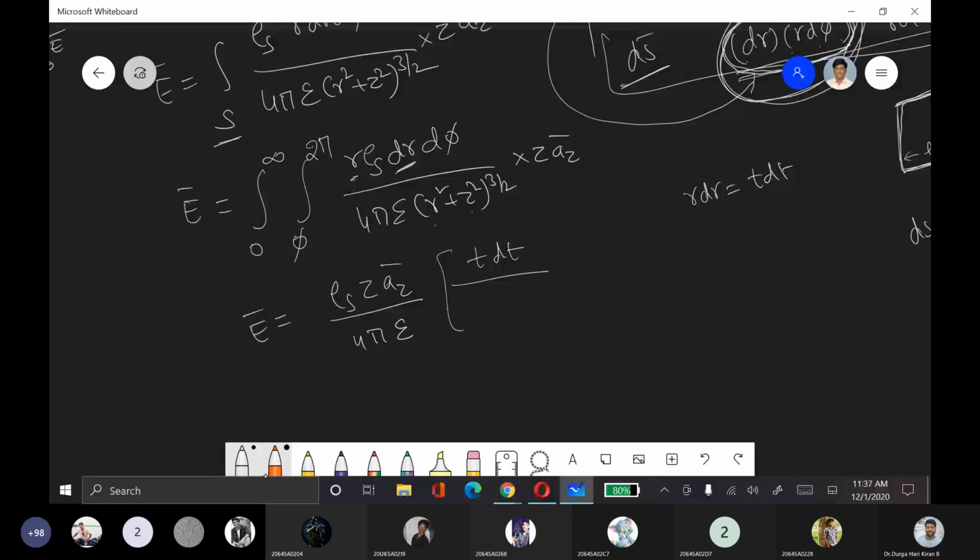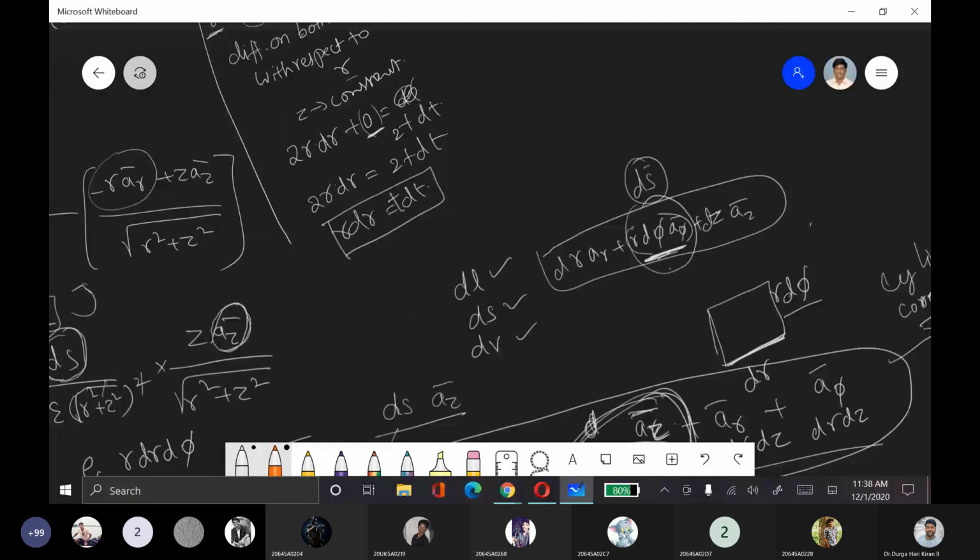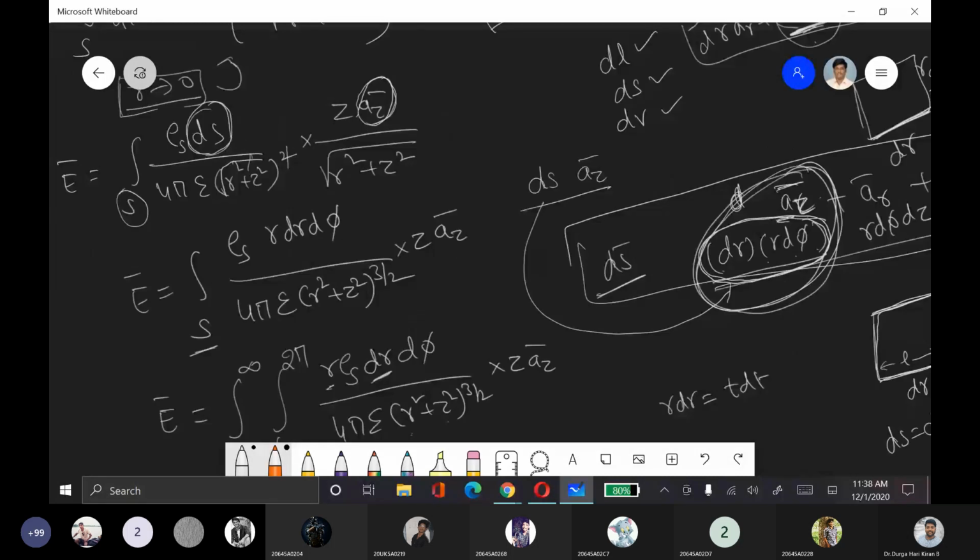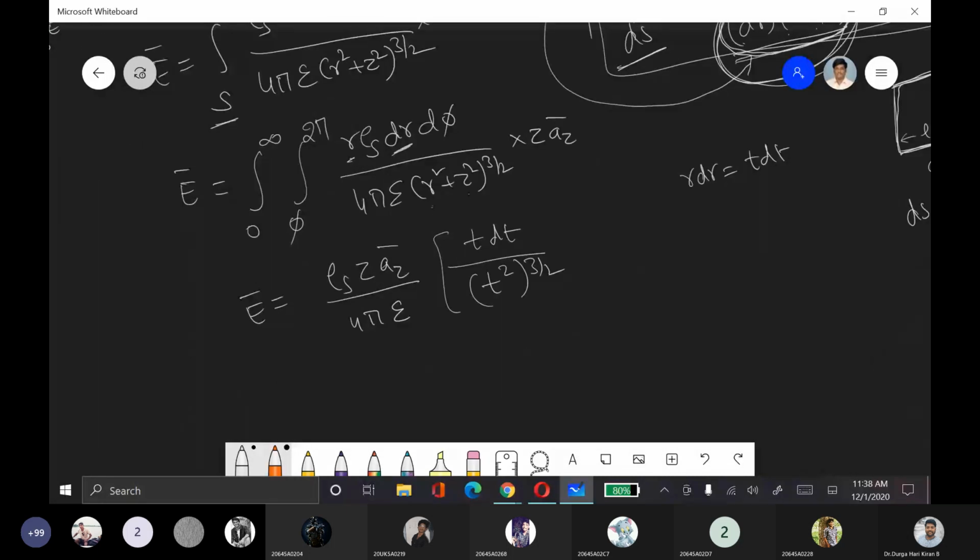So this is t square to the power 3 by 2. Then this is integral 0 to infinity. The remaining part is phi from 0 to 2 pi, d phi.